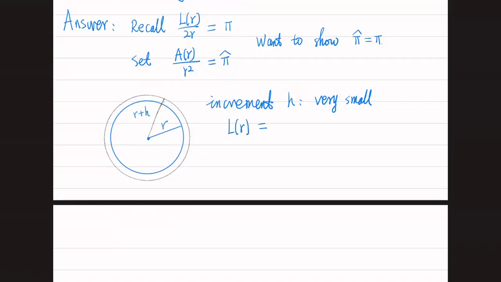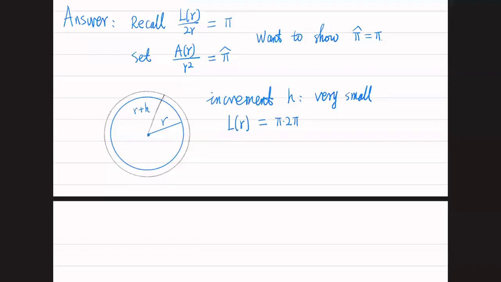Amy, for the smaller circle, what's the circumference? What formula do you have? If we have this formula, could we use it over here? Pi times 2r. Yes, okay. And Fred, what's the circumference of the larger circle?